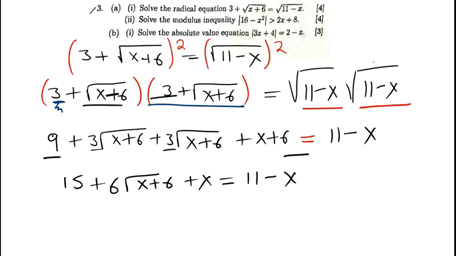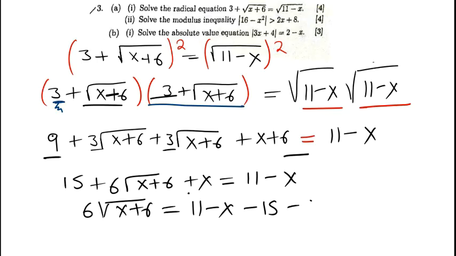Now you can see there's still a square root somewhere, so we want to get to a point where only this remains on a single side, so that if we square it, it will disappear. So let's leave it on the left. We have 6 root of x plus 6 equal to 11 minus x on the other side. Now this part, if it goes outside, it will be minus 15, and then minus x.